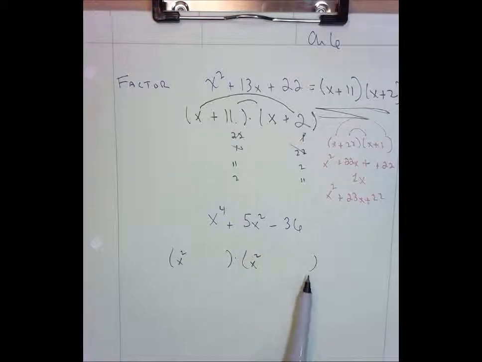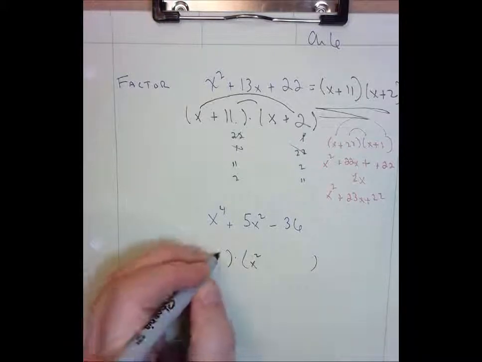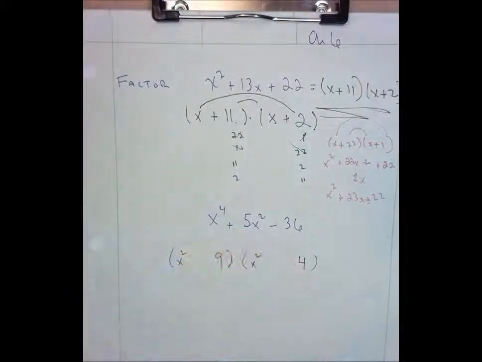So when we're thinking through 36 and 1, does any combination of those produce a 5? No. 12 and 3, can we additively or subtraction-wise produce a 5? No. 6 and 6? No. 9 and 4? Now we've got something. So I think we're going to follow our nose and put in a 9 and a 4 there. And now we just have to decide which one's positive and which one's negative.